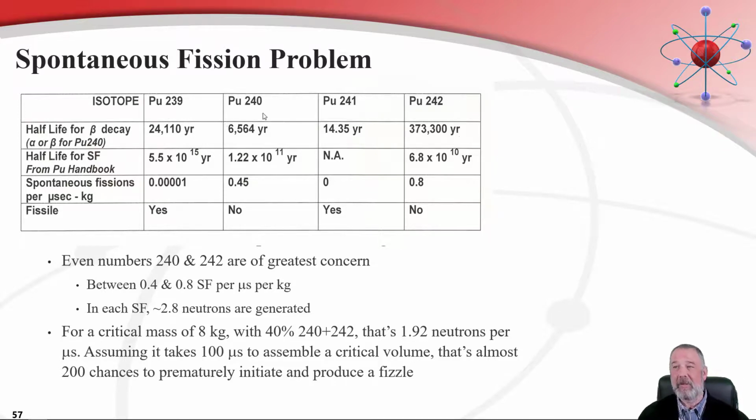However, if we look at plutonium-240, it has a much shorter half-life, and it also decays by spontaneous fission, which means that per unit mass, it's going to be producing a lot of neutrons for a given amount of time. And we don't want neutrons being produced inside the material for our nuclear weapon because, remember, the nuclear weapon needs that fission chain reaction, and it's started by neutrons.